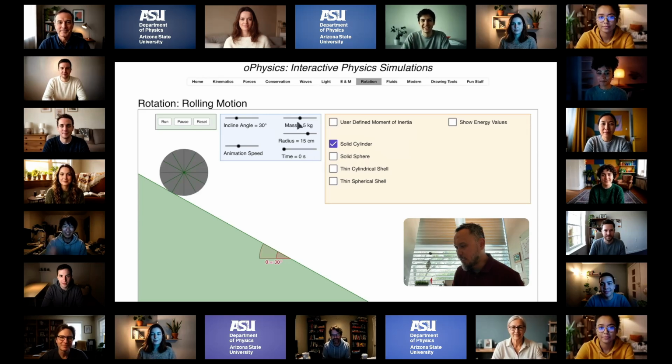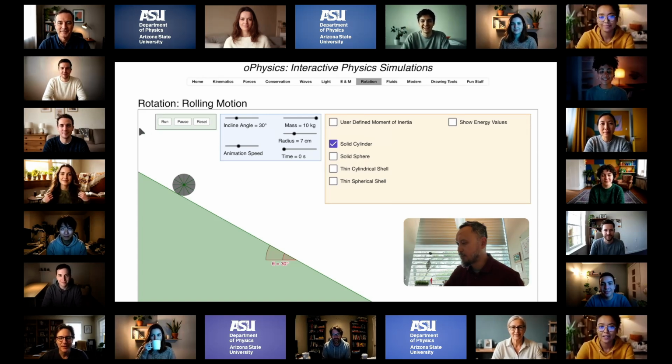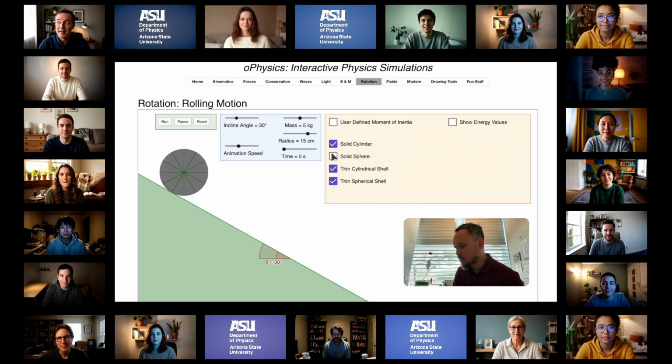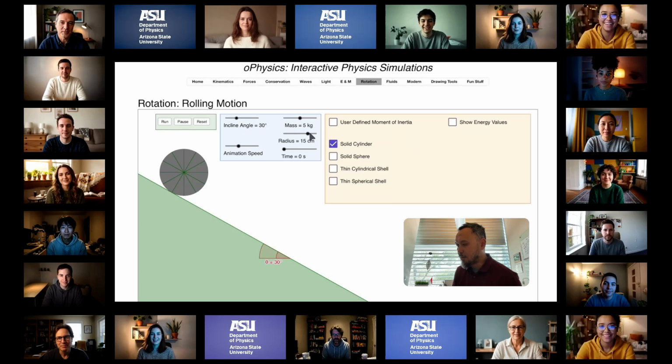So let's say we increase the mass by a factor of 2. I'm not going to change the radius because it changes the way it displays the line.